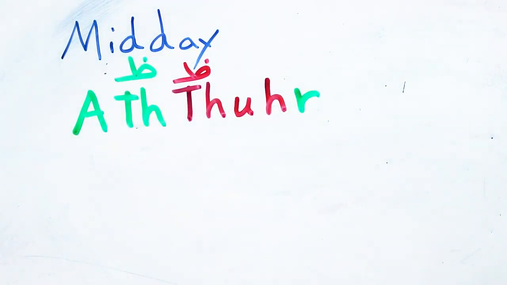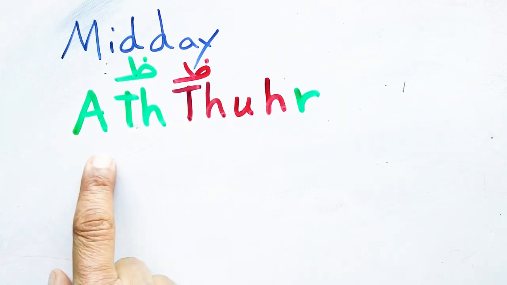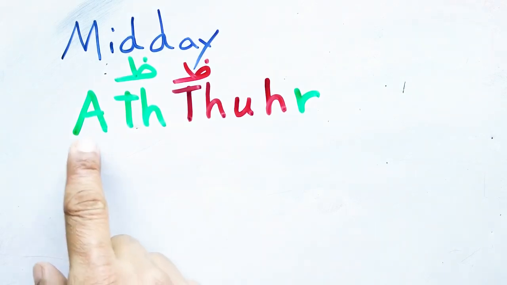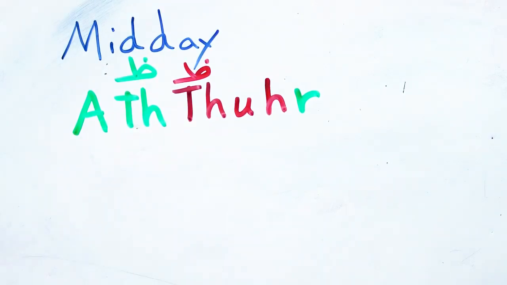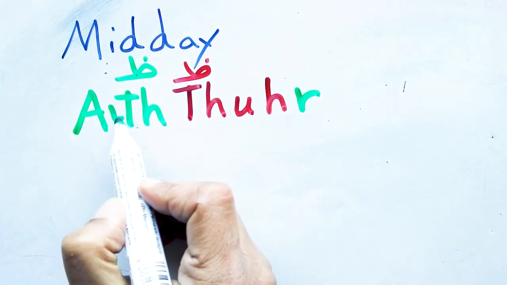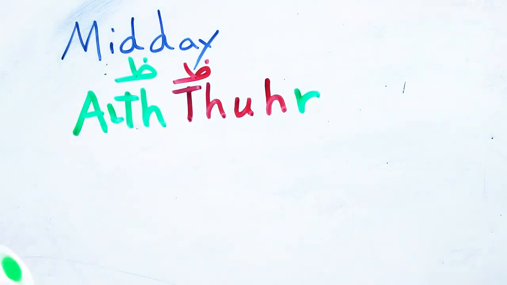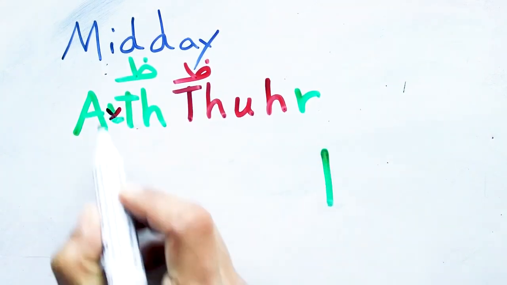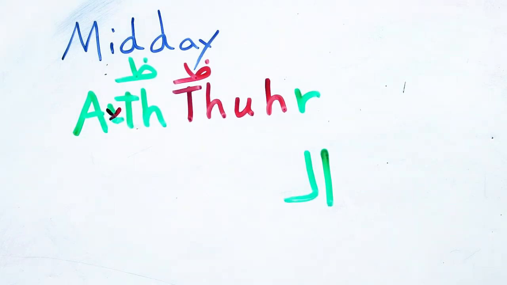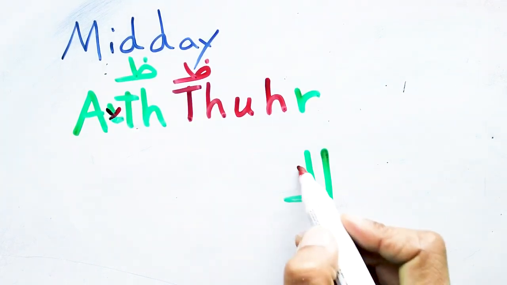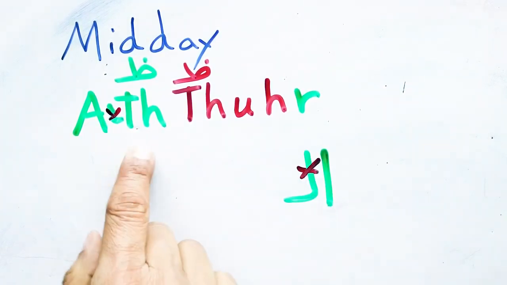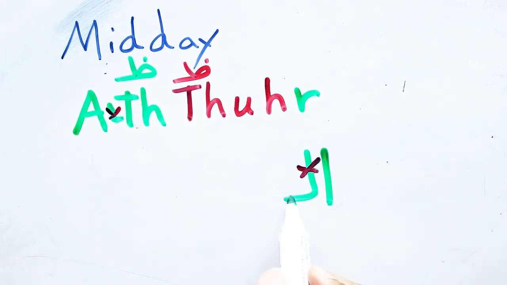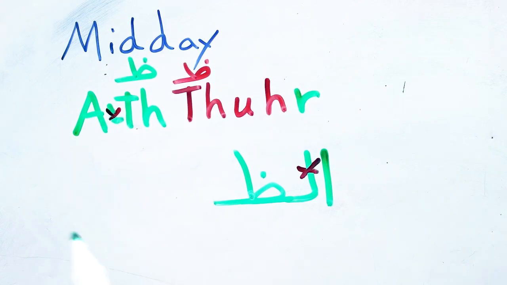Okay, let's write it in Arabic. So again, I have here the. So I have here L, but we don't pronounce it, we drop it, the same as the previous word. So let's add here a, and then this lam, we don't pronounce it, and then let's add la, and we pronounce la two times.